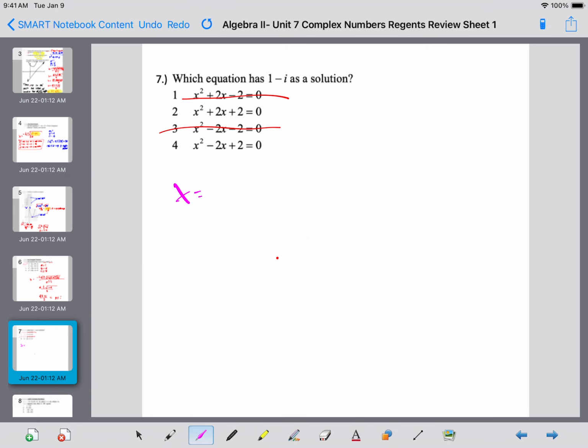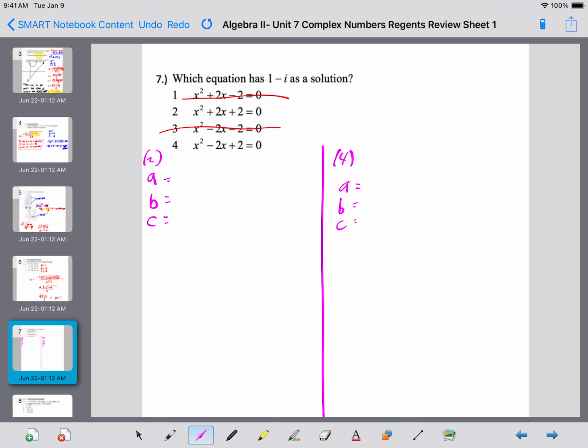x equals... so option 2, option 4. 1, 2, 2. 1, negative 2, 2.